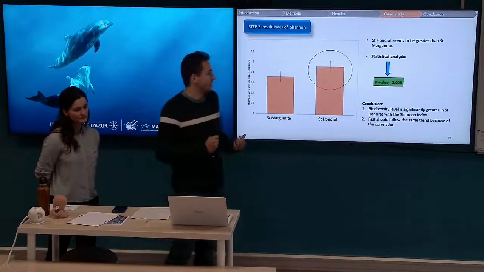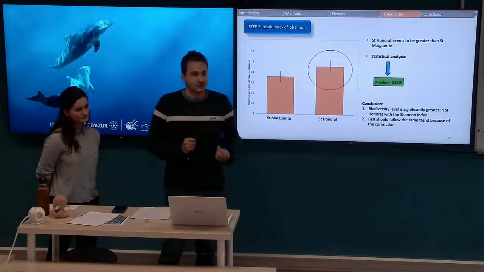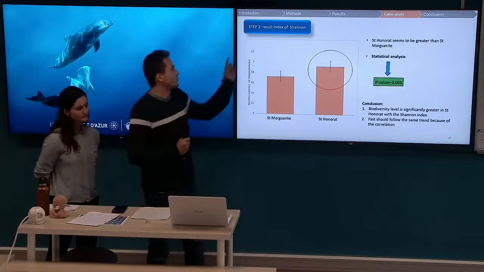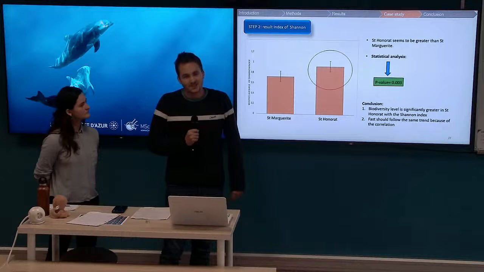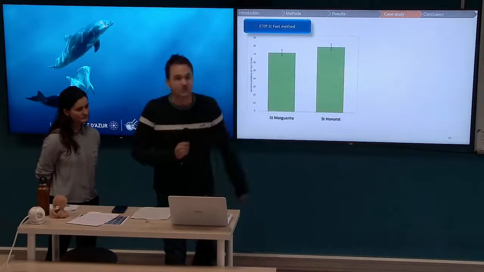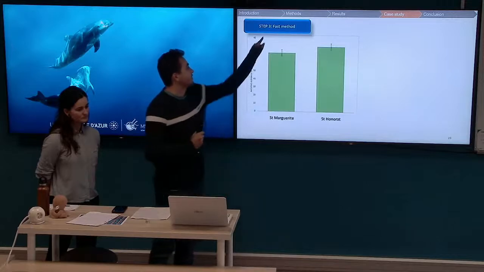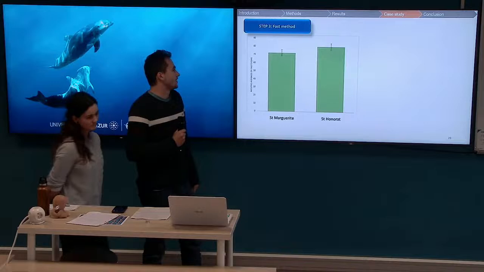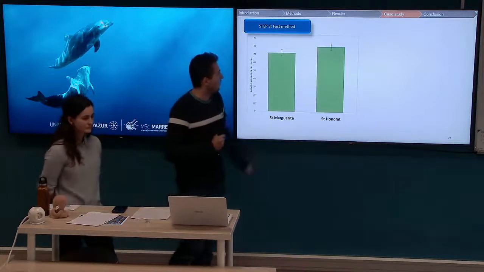Also, we can think that because there is a strong link between the two methods, the result for the FAST method will follow the same trend. That leads us to the second test, this time with the FAST method and with the mean of the moving average of the FAST score for both islands.